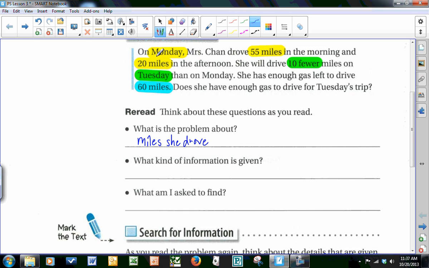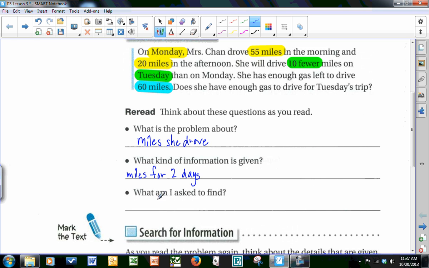Okay, on Monday and on Tuesday. What kind of information is given? Well, they tell us the miles she drove for 2 days, Monday and Tuesday.